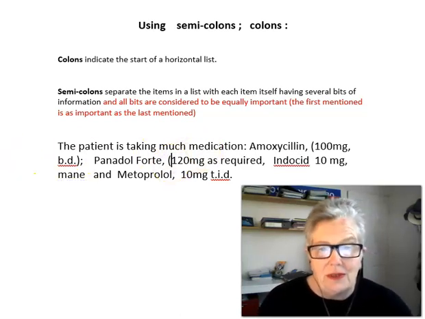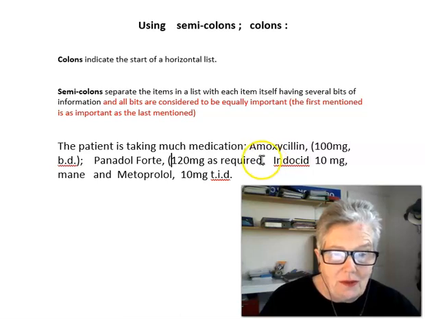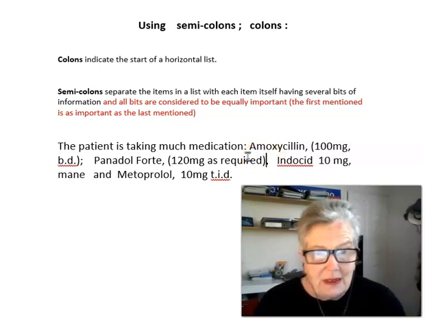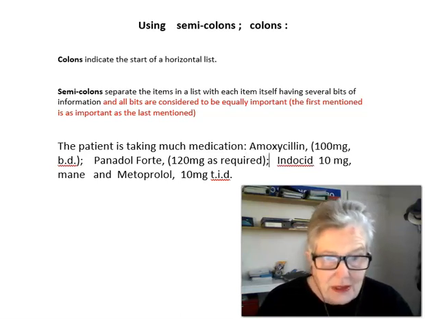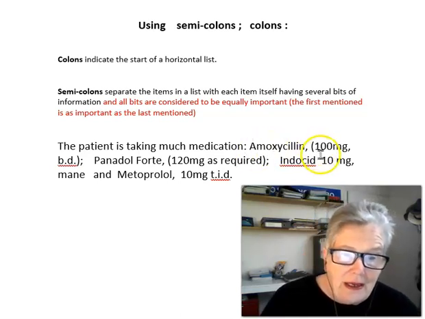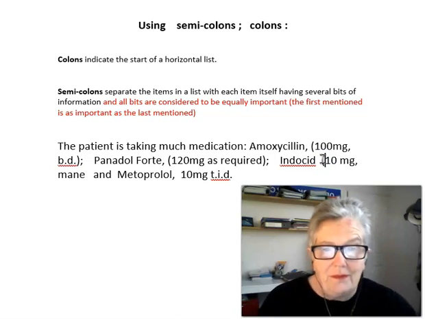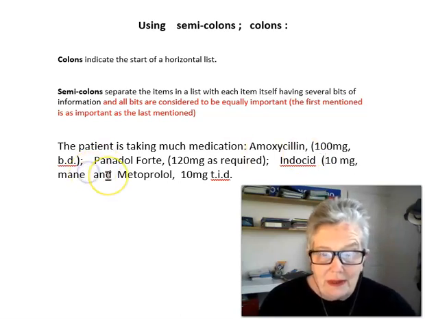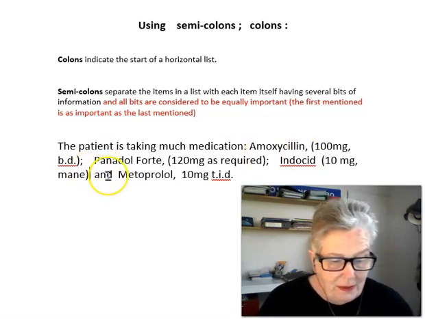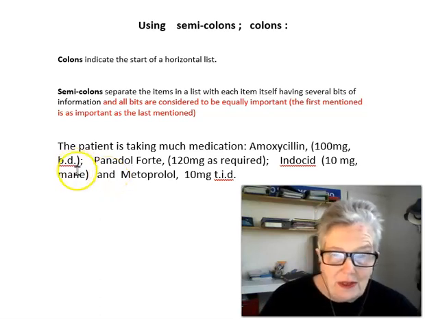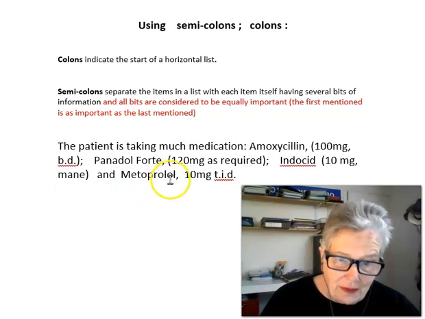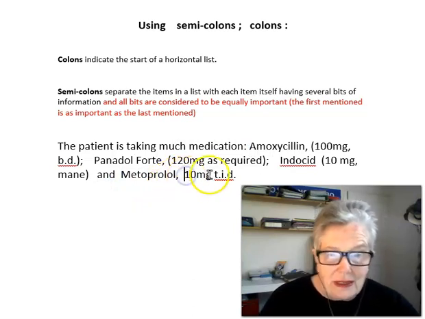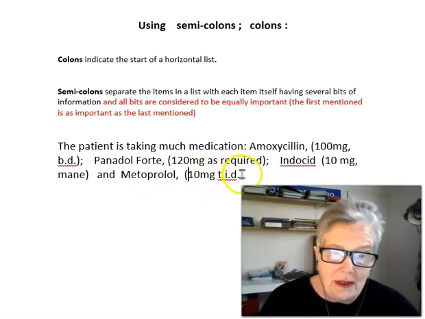Panadol Forte, it's 120 milligram as required, comma, and instead of that comma, we're going to put a semicolon. And Indocid, 10 milligram in the mornings, and of course you don't put a semicolon there because you've got this word 'and' and it goes before the last thing on your list. And here we've got 10 milligram TID, right?